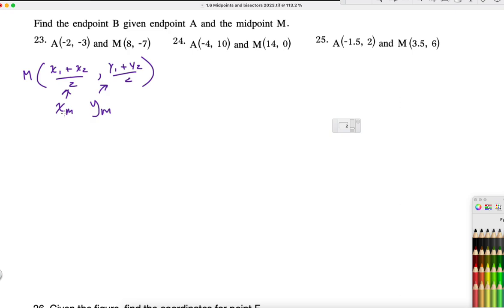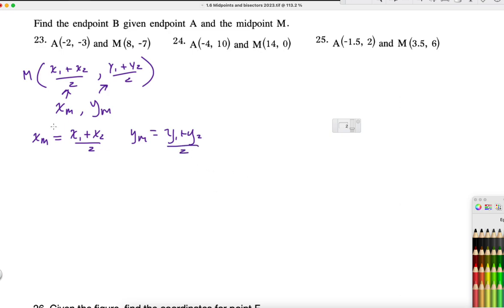I'm calling this a little subscript m right here. Right? So this x midpoint goes with this x value expression. So I can say the x of m, the midpoint, equals x1 plus x2 over 2. And then the y midpoint was just the average of the y values, like we just said, right? Just like this.